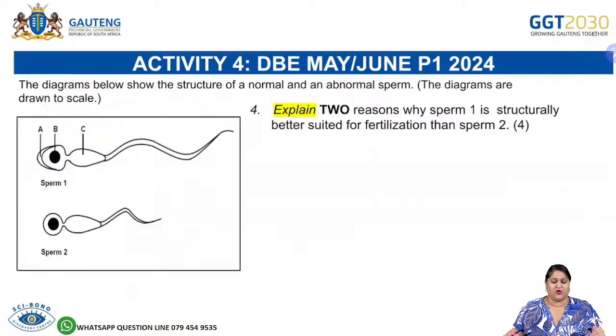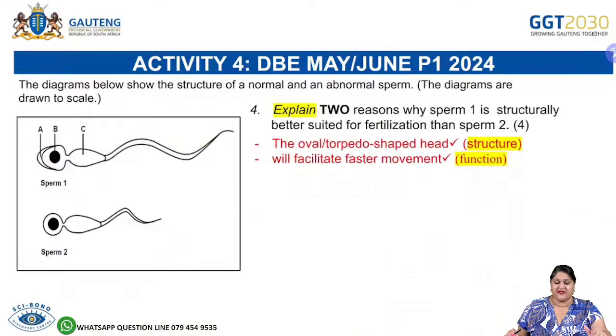But now we need to talk about why sperm 1 is better. So firstly, you need to say that it has an oval or torpedo-shaped head. That is the structure. And what is the function? It will facilitate faster movement. To get 2 marks, you cannot only mention that, because you know that a normal sperm cell looks like the first diagram, okay?